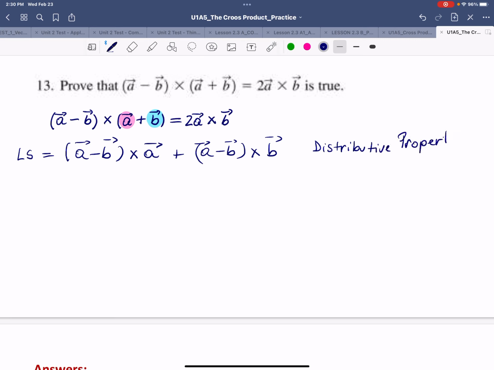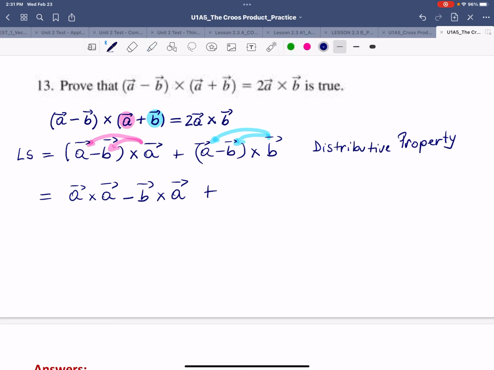Now next, I'm going to check and see how we can expand and simplify here. Now again, we have the cross product of two vectors and we can apply the distributive property once more. So in this case, we'll have vector A crossing both A and B. So we have vector A cross A, and then minus B cross A. In a similar way, we're going to cross vector B with (A minus B), or vice versa.